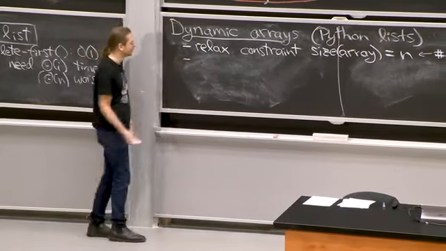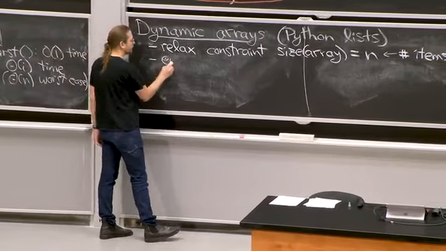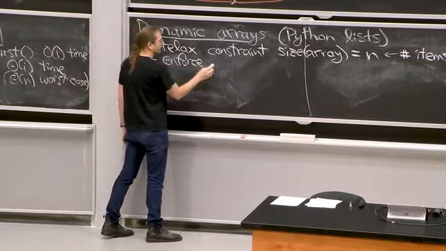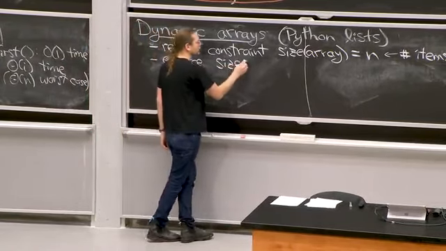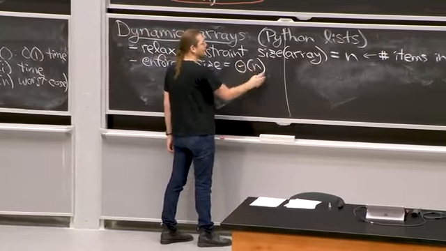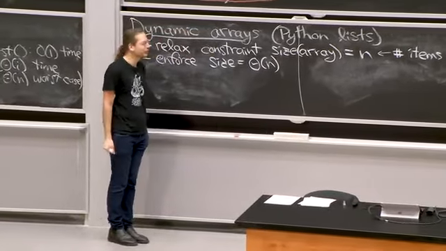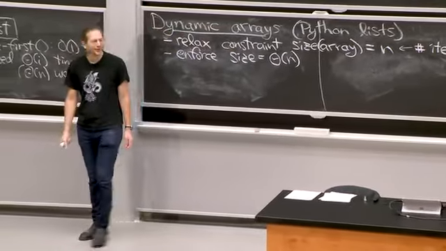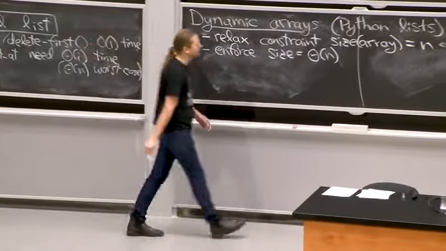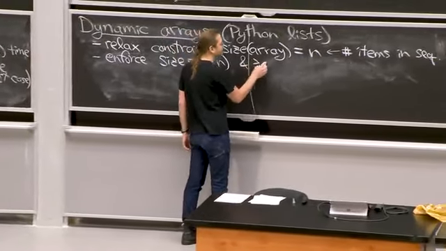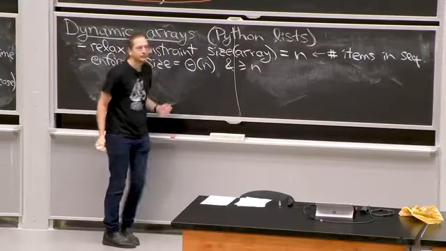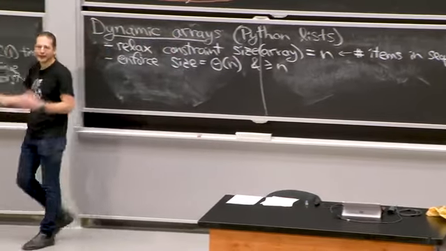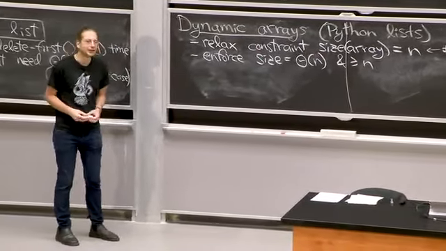It's not always the right answer. But we're going to enforce that the size of the array is theta n. Probably also greater than or equal to n. 0.5 n would not be very helpful. So it's going to be at least n. And it's going to be at most some constant times n. 2n, 10n, 1.1 times n. Any of these constants will work.